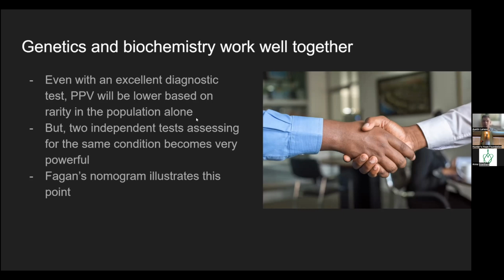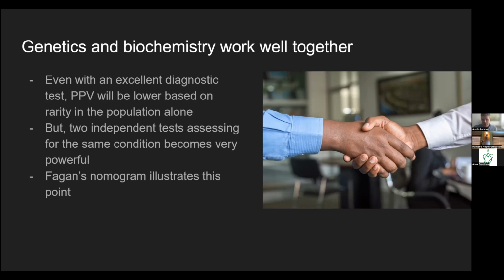So for this scenario where we have both high sensitivity biochemical testing and high sensitivity genetic testing, that's a good scenario to be in. Two independent tests that are assaying for the same condition using two completely different technologies is a really good scenario, and it becomes very powerful in terms of being able to accurately identify true diagnoses.